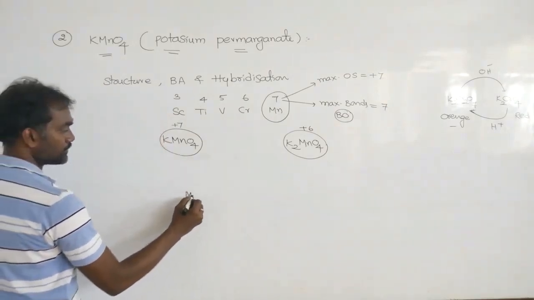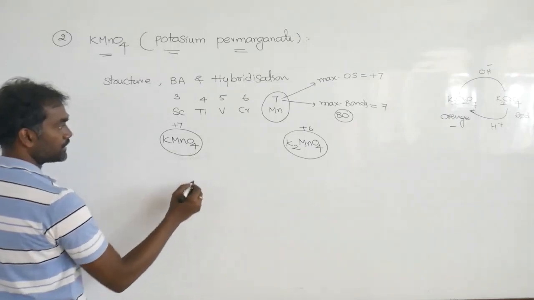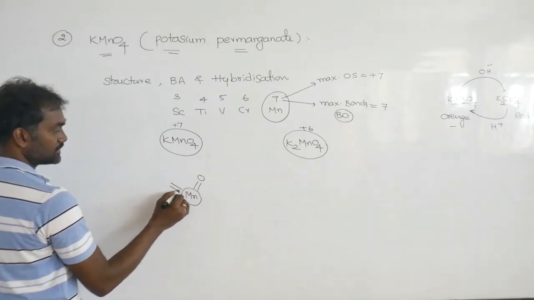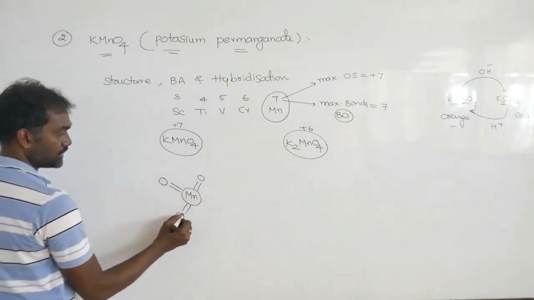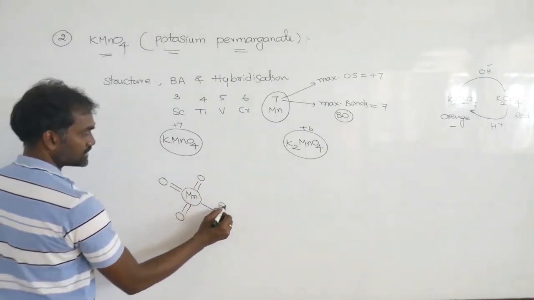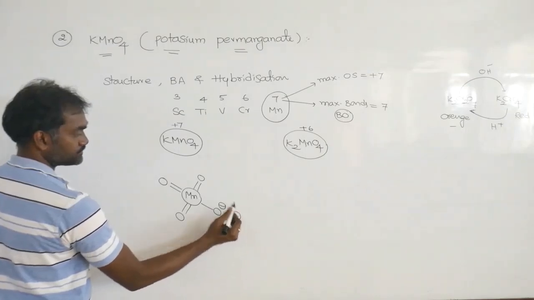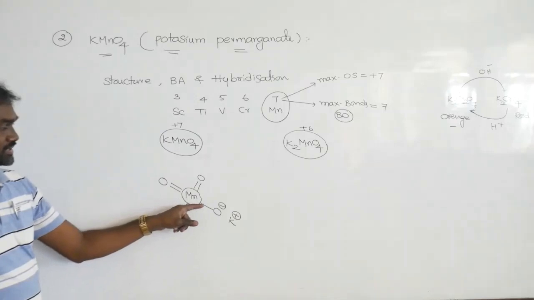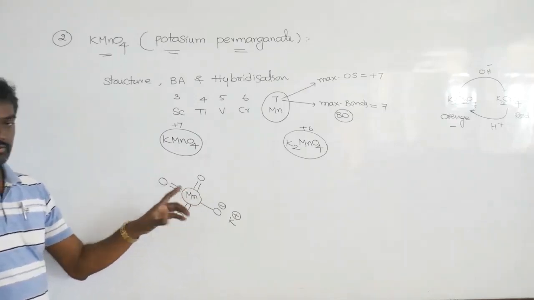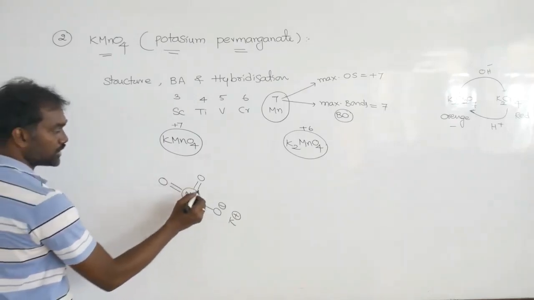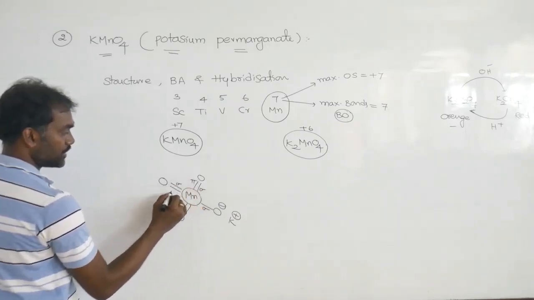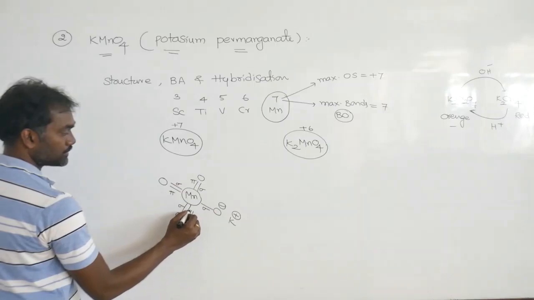So manganese I am writing. Here oxygens: one oxygen, second oxygen, third oxygen, fourth oxygen I am writing like this. See 1, 2, 3, 4, 5, 6, 7. Yes, 7 bonds, no problem. So now here 1 sigma, here sigma pi, sigma pi, sigma pi.